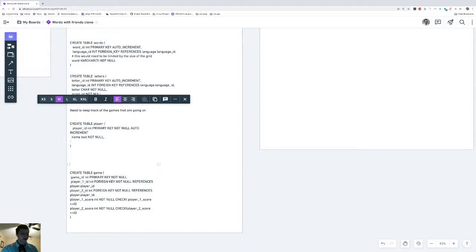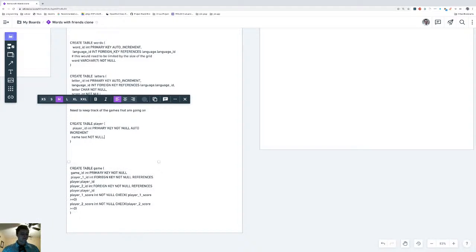You have the basic information you need: a player, track game, at least the score. So now you'll need a way to store your words.